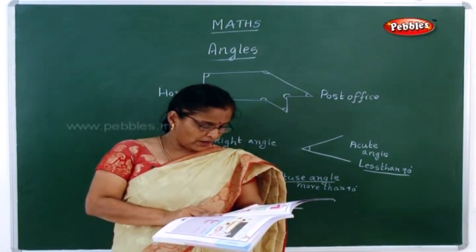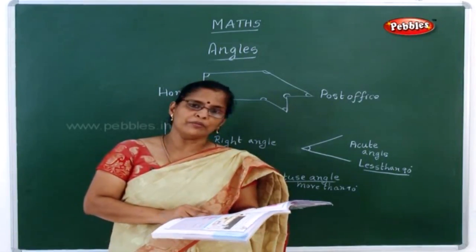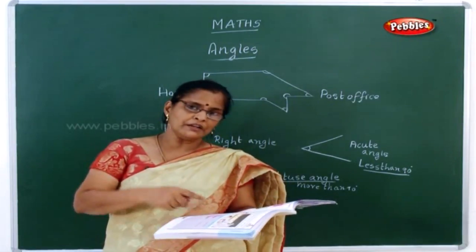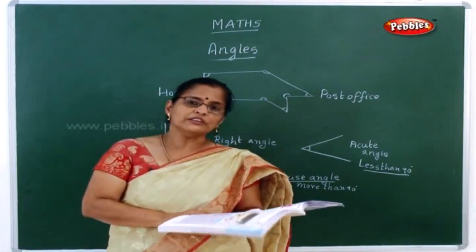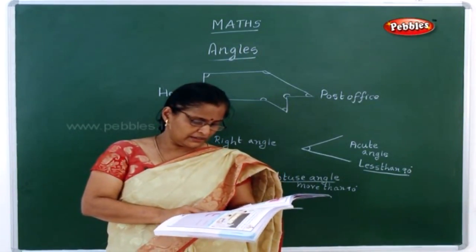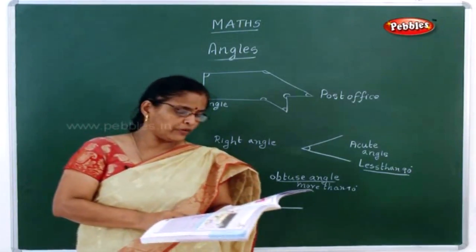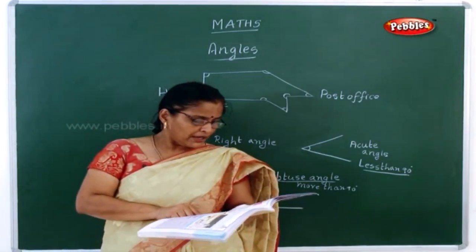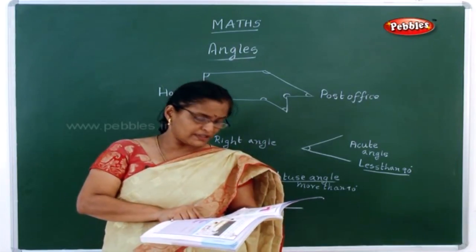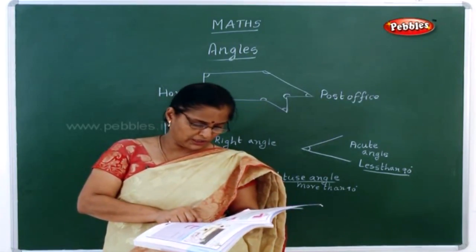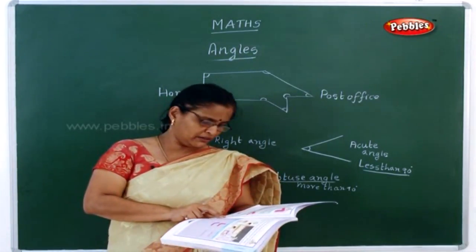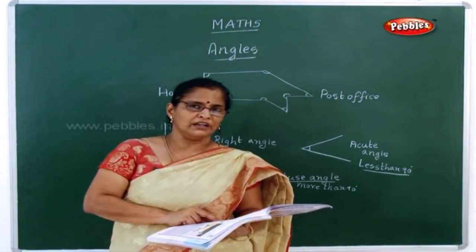One strip is bent away from the other. Again a different angle is formed which is more than a right angle, and this angle is called an obtuse angle. So L is called a right angle, V, which is less than a right angle, is called an acute angle, and more than a right angle is called an obtuse angle.